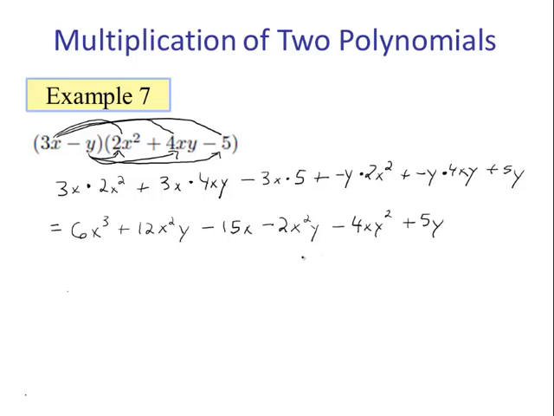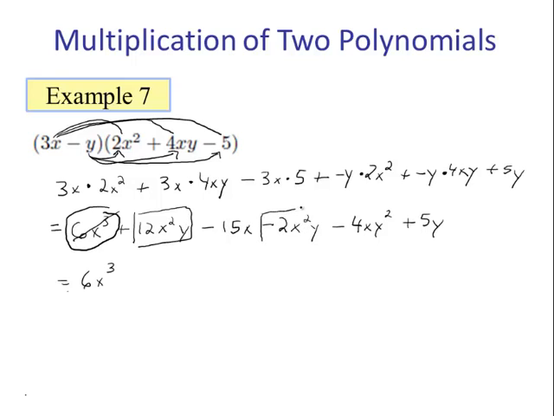So next we want to scan and see if there's any like terms. So for the x cubed, I'm going to use a circle. Is there any more x cubes? No. So this is finished. x squared y, I'm going to use a rectangle. x squared y, x squared y.